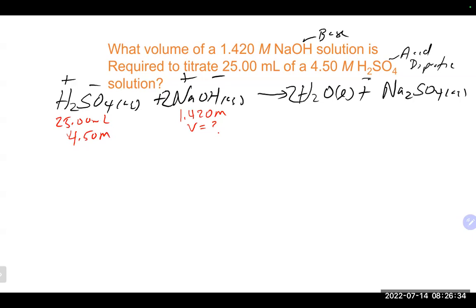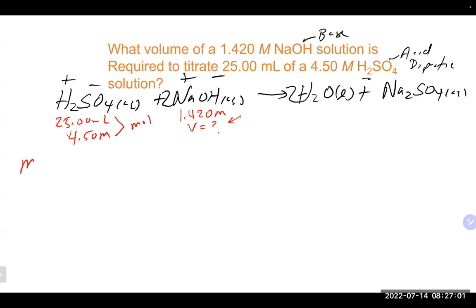Remember, for it to be a limiting reagent problem, you need to be able to get to moles of each of the reactants, which obviously is not the case here since we're looking for something of one of our reactants. We could only get to moles of this one, so it really is just a basic stoichiometry problem at this point, which means what we're going to do next is convert into moles.